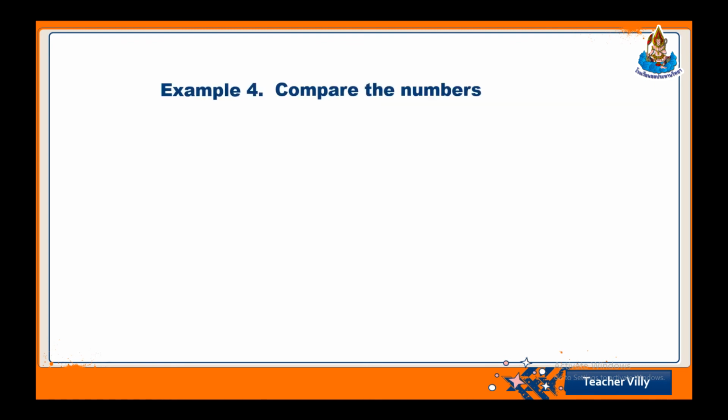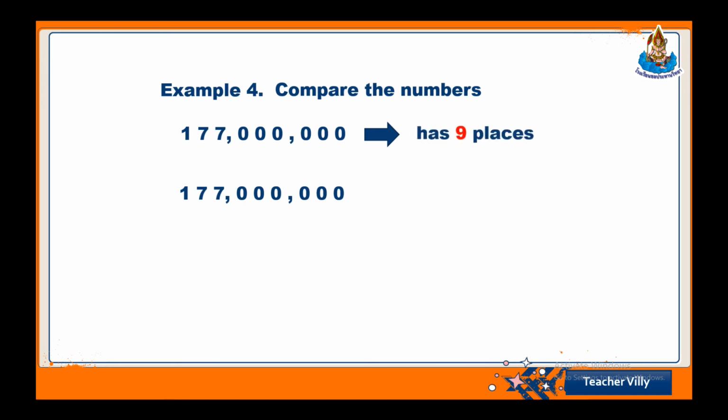Number 4. Let's compare the numbers 177 million and 177 million. To compare, let's compare their places. This number has 9 places or 9 digits. The same is true with this number, it has 9 places or 9 digits.